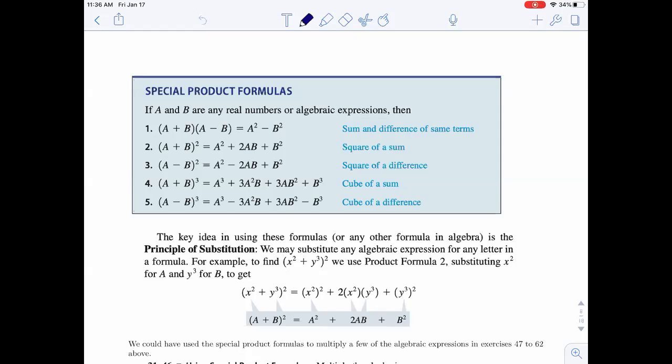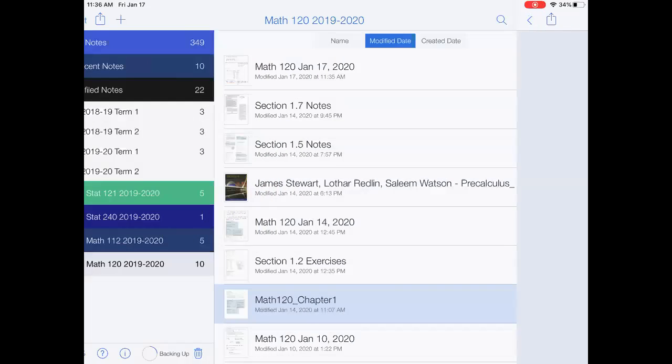So if you tried it, you would end up with a squared minus b squared, right? Same thing if you had a minus b to the power of 3, that's a minus b times a minus b times a minus b. So same idea, right? Let's just have a look at it.